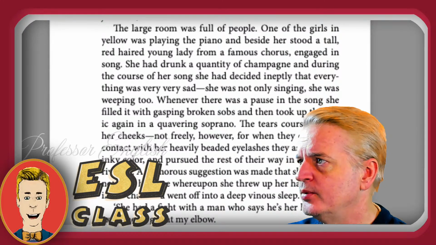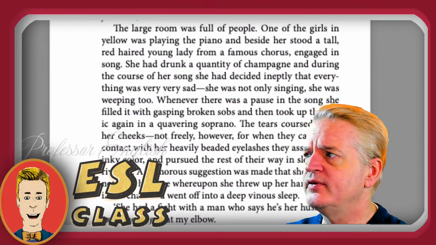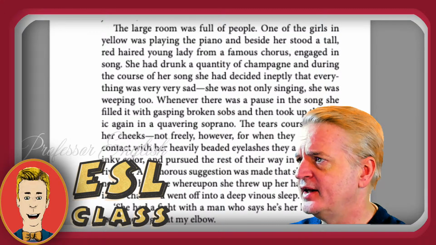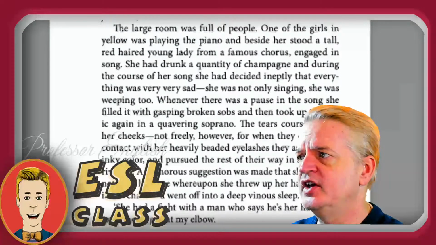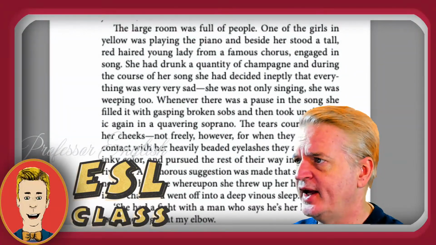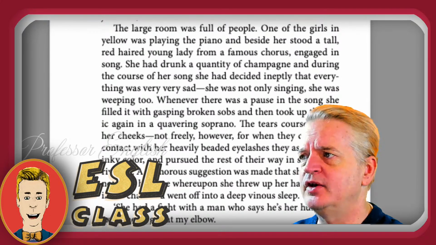A large room was full of people. One of the girls in yellow was playing the piano, and beside her stood a tall, red-haired young lady from a famous chorus engaged in song. She had drunk a quantity of champagne, and during the course of her song she had decided ineptly that everything was very, very sad.